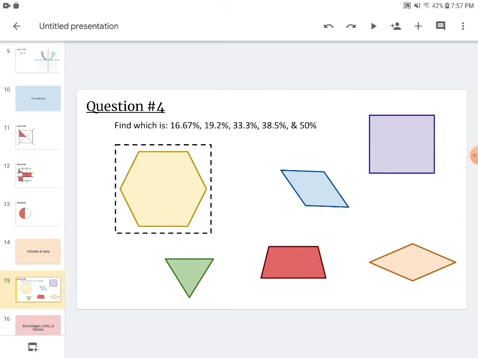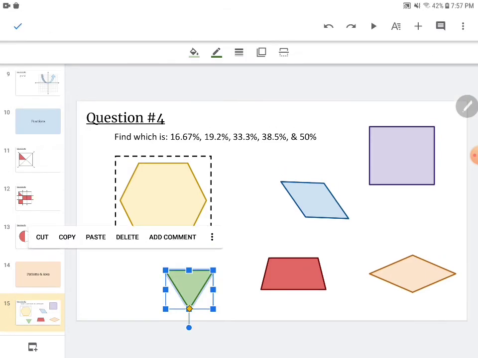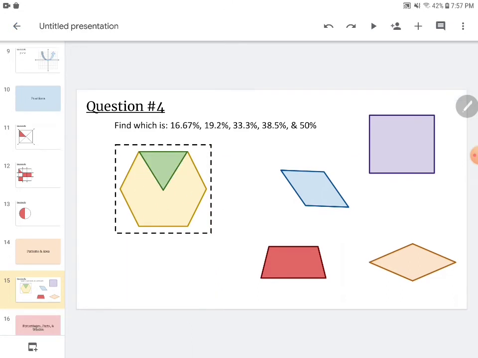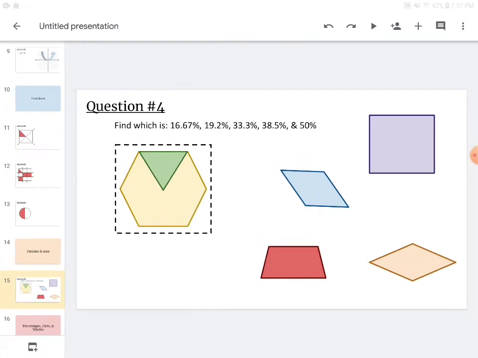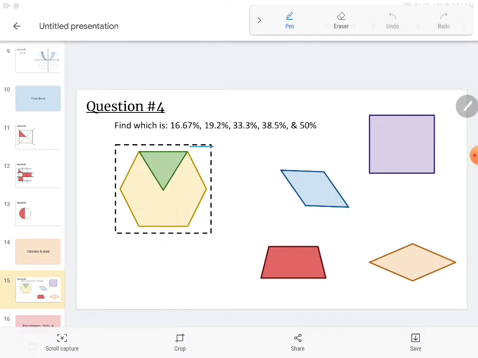So starting out, we're gonna work on our triangle, I believe. And if you'll notice with your triangle, if you put it up here, that takes up 1/6. We'll do our screen right real quick just to have an example.